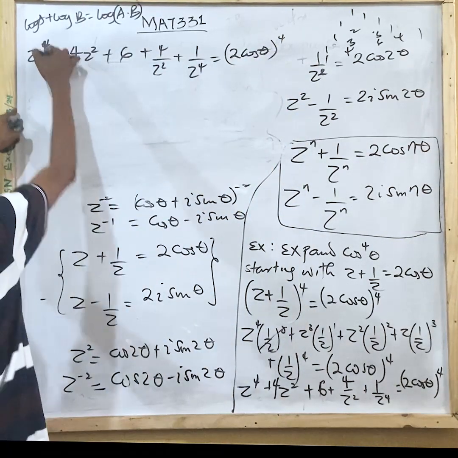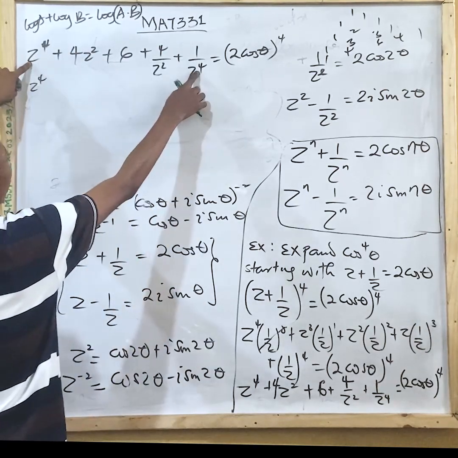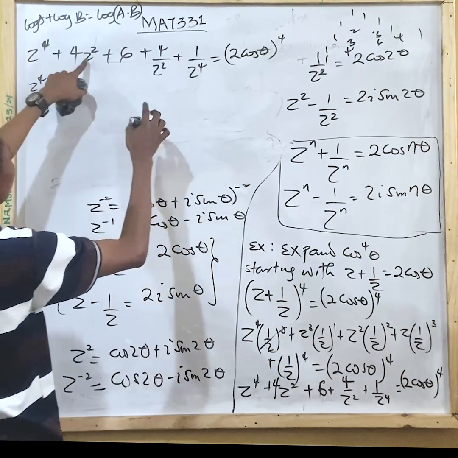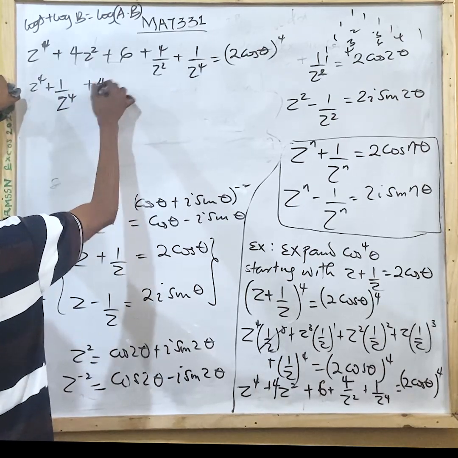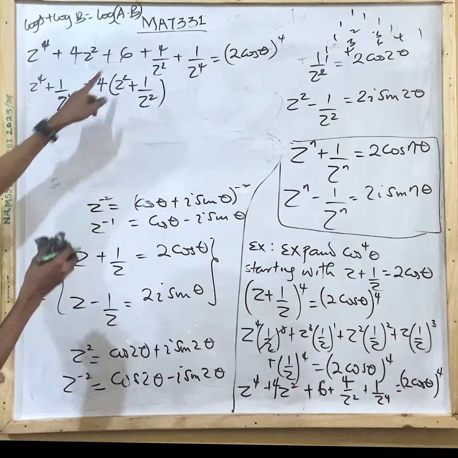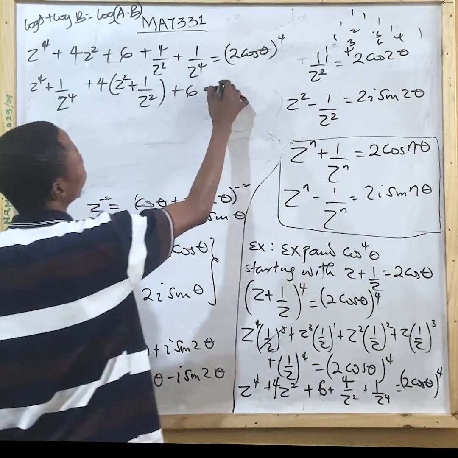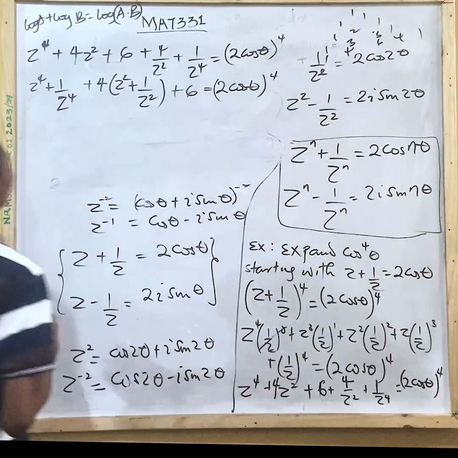Now, if I collect like terms, this is z^4. This is the reciprocal of z^4, 1 over z^4. This is z squared. This is 4 over z squared. I can factorize them by saying 4 into (z squared plus 1 over z squared). And this is 6. I only have 6. Is equal to (2 cos θ) all raised to power 4.